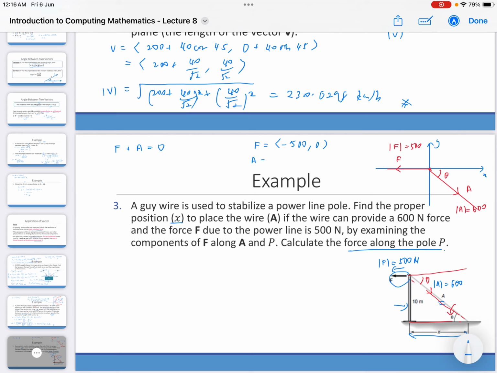And then for vector A, this one is in the fourth quadrant, so the cos will be positive. So the x component is the magnitude of A, which is 600, times cos theta, and the y component will be negative 600 cos theta.